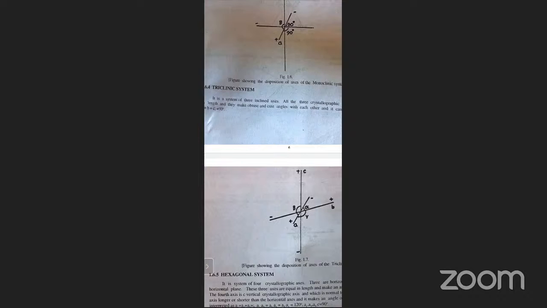Here, in a triclinic system, the angles may not be equivalent; the angle values are not equivalent. So we can say that A is not equal to B is not equal to C, and alpha is not equal to beta is not equal to 90 degrees.